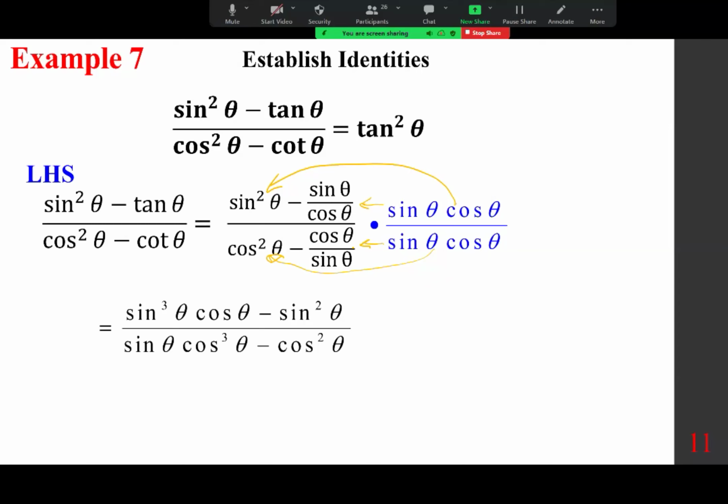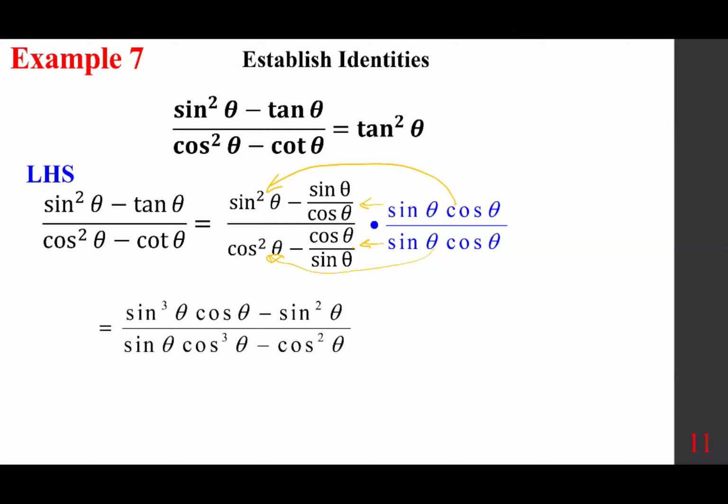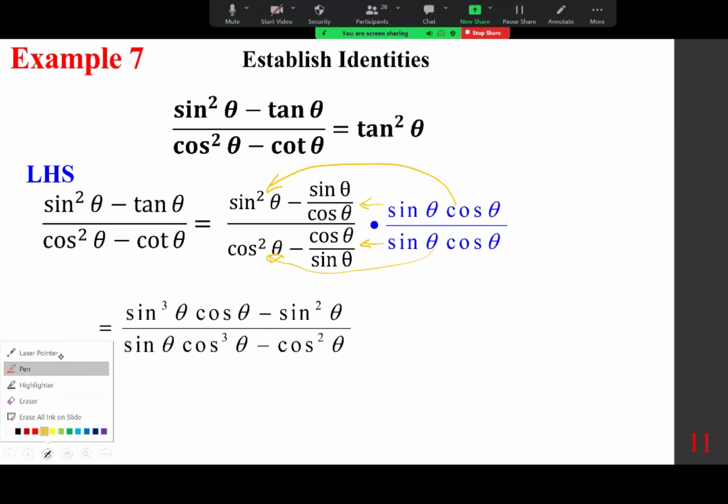So I hope you can see that. It's a simple case of dealing with a complex fraction, everybody. And so clearly, from the numerator, the common factor would be sine squared. We take it out, so it gives us sine squared times sine theta cosine theta minus 1.